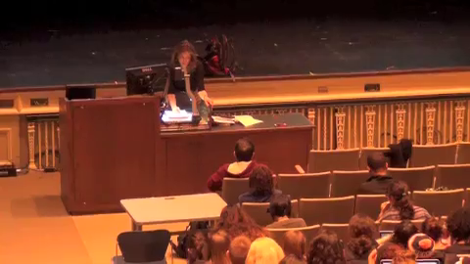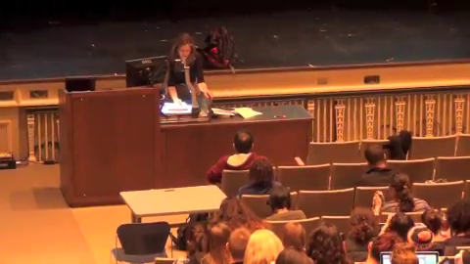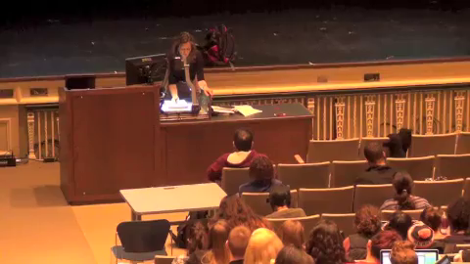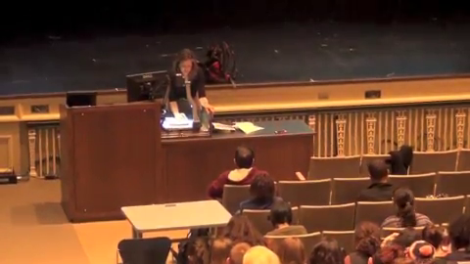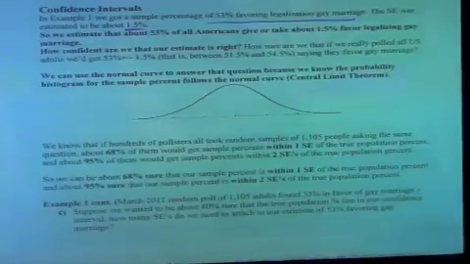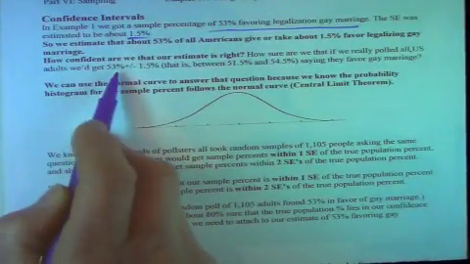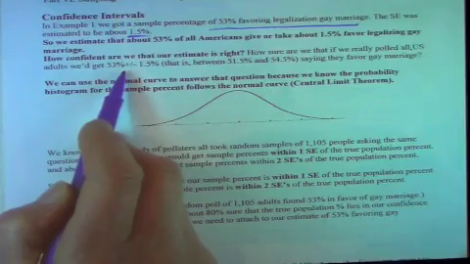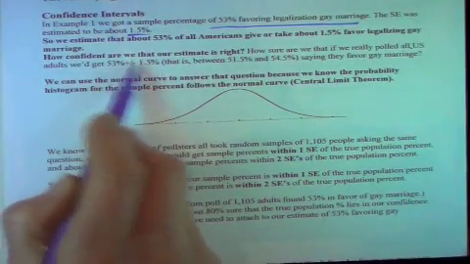How can we use this to say how confident we are that 53% plus or minus 1.5% favor legalizing gay marriage? How sure are we that if we really polled every single US adult, we'd get between 53%, what does this plus or minus mean?